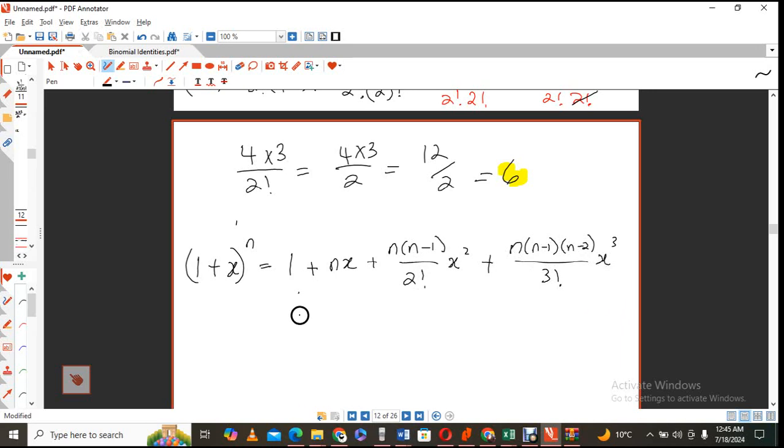Okay, so the next one, and as I continue, eventually this continues all the way. So we're not going to go past the third one, n choose 3. So it goes on and on, because this value here is a positive integer. Right.